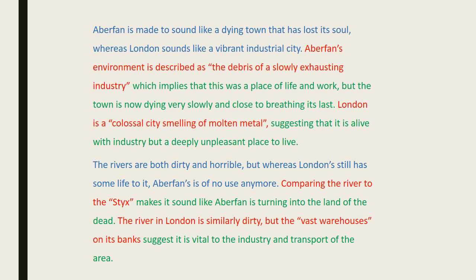I've explored each one through a quotation and what I can infer from that. Not analysing language, but inferring. And then in the second, I've just tried to push it on a little bit to make it a little bit more perceptive and give me a chance of getting into the highest marks.